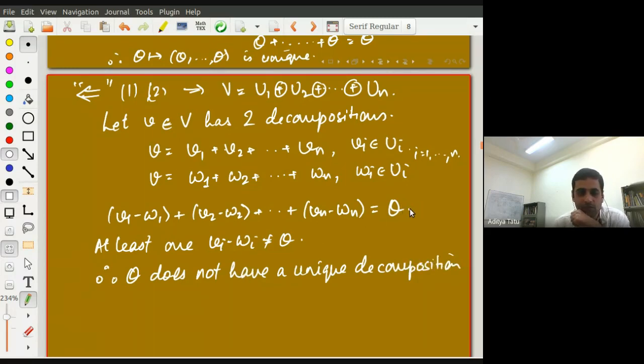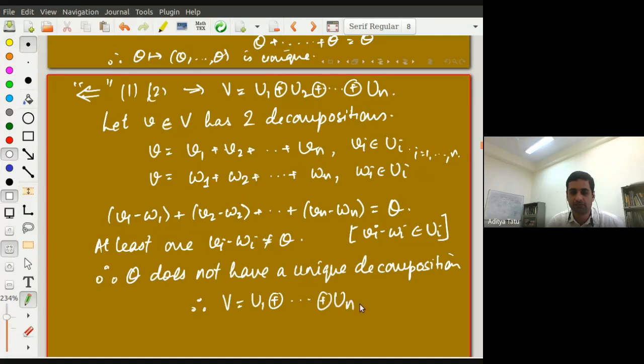I forgot to note here that Vi minus Wi, of course, has to belong to Ui because of the subspace constraint. Therefore, this gives rise to a contradiction. So V is a direct sum of these n subspaces.